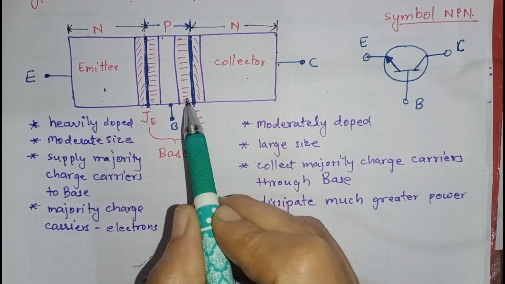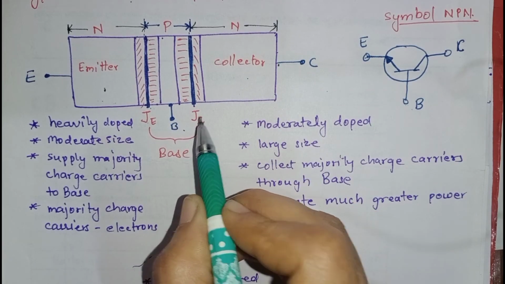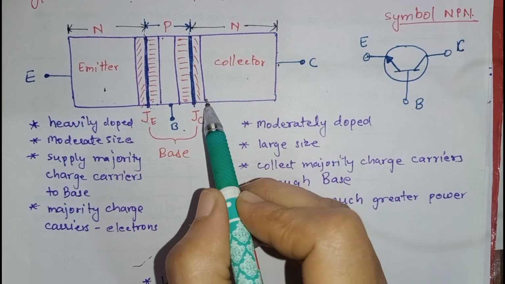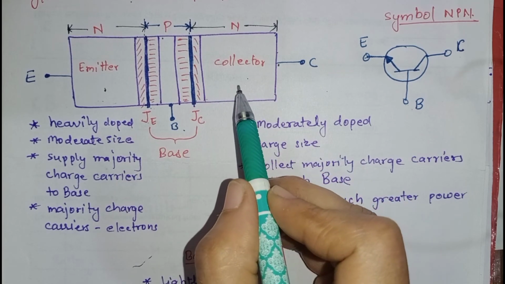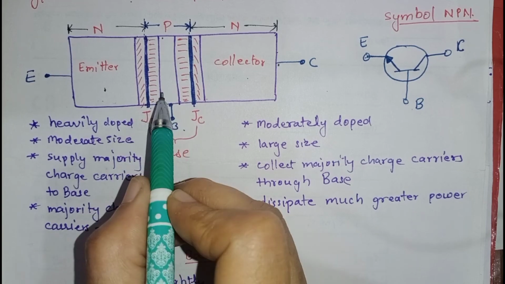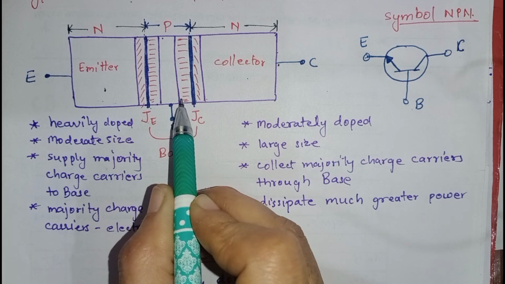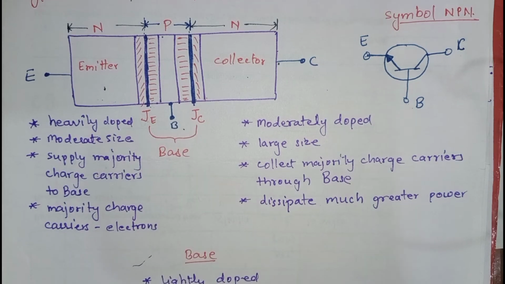At the collector base junction, the same happens. The depletion region is less in the collector side because it is more heavily doped than the base region, and as the base is lightly doped, penetration of the depletion region will be more in the base side.